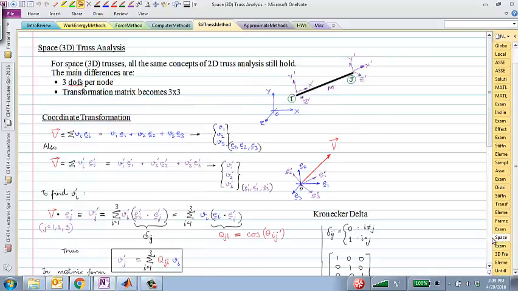So the key extension that you should understand for three-dimensional trusses, of course, is that each node now has 3 degrees of freedom in x, y, and z. But the behavior of each individual truss element remains exactly the same. Each element can either be in compression or in tension. No other possibility, right?